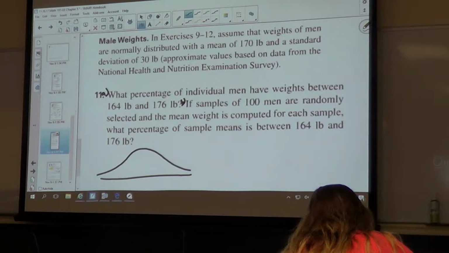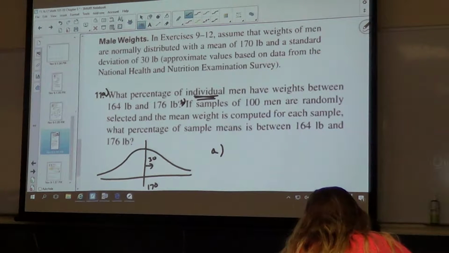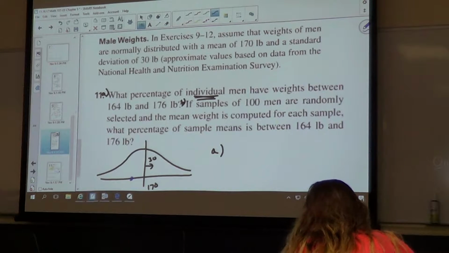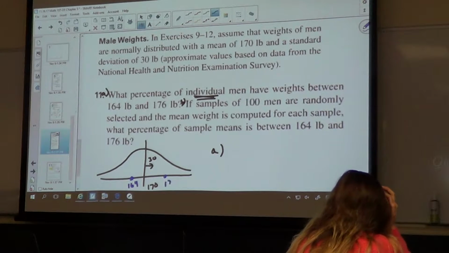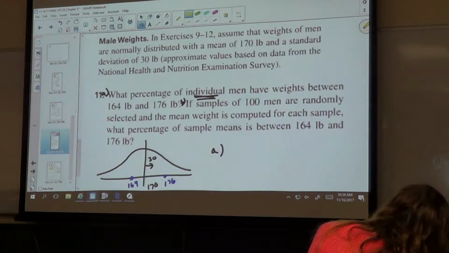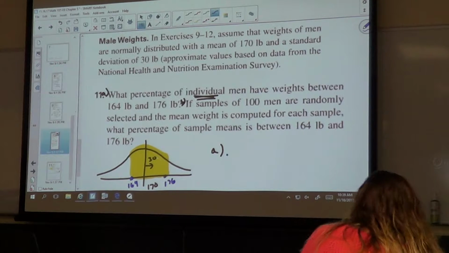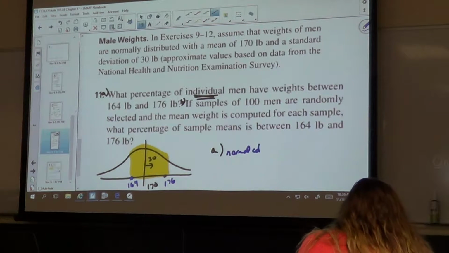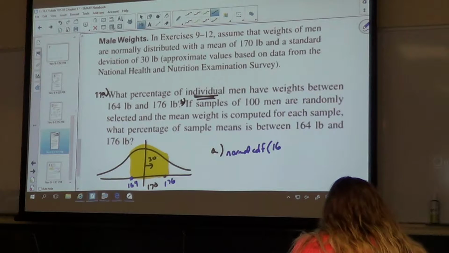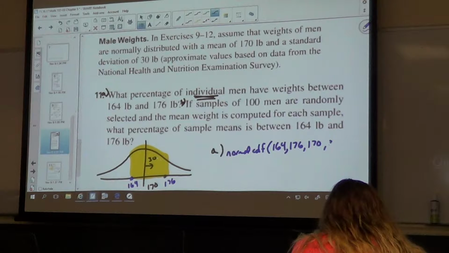Okay, 170 is our mean, and our standard deviation is 30. Part A is individual data. Our two data points are 164 and 176, and we want to know how much is in between those two. So when I do my normal CDF, I pick my lower limit, 164, my upper limit, 176, my mean, and my standard deviation.